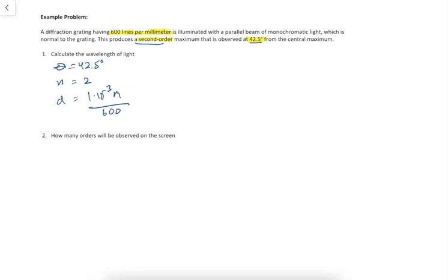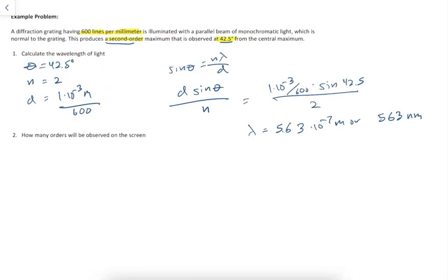And I can solve for this using sine theta equals n lambda over d. Solving for my wavelength, this is d sine theta over n, and I'm going to pause this video and solve for this. So I get 5.63 times 10 to the negative 7th meters, which is 563 nanometers.